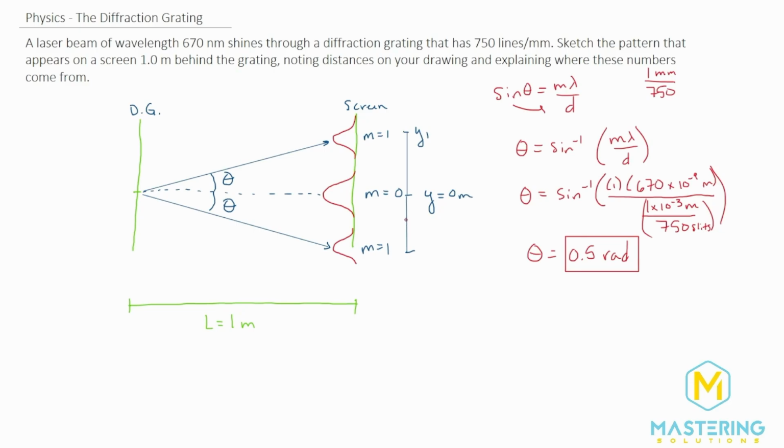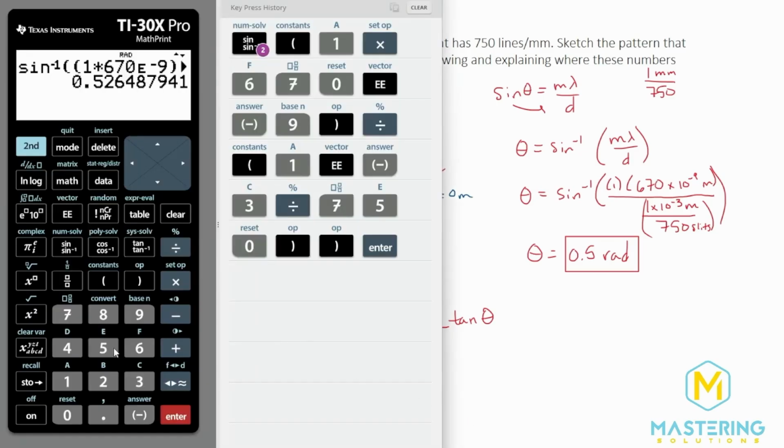Now let's figure out the y for here. So y is equal to L times the tangent of the angle. And we just figured out the angle, of course, is half of a radian. So L is 1. So really it's just the tangent of 0.5. So y is going to be the tangent of 0.5 radians.